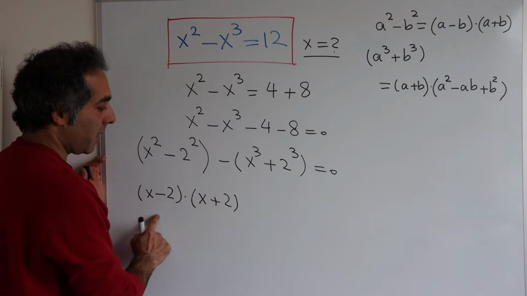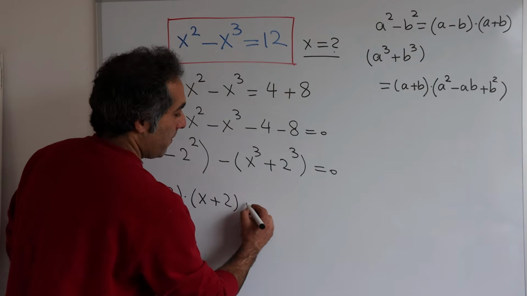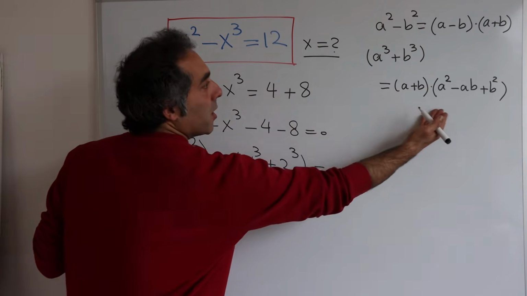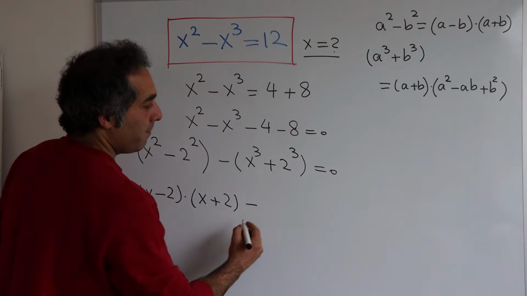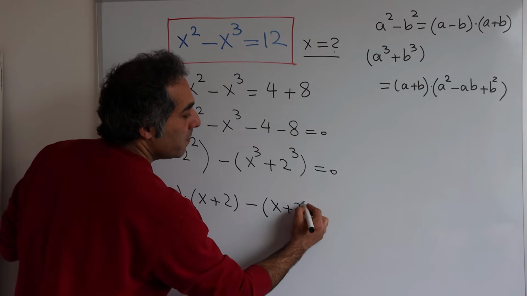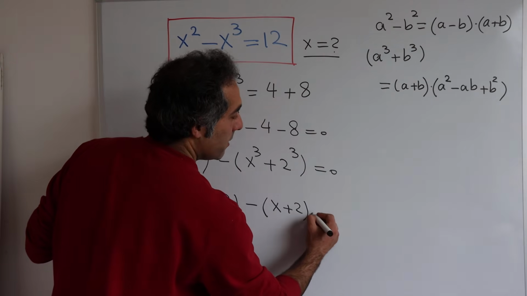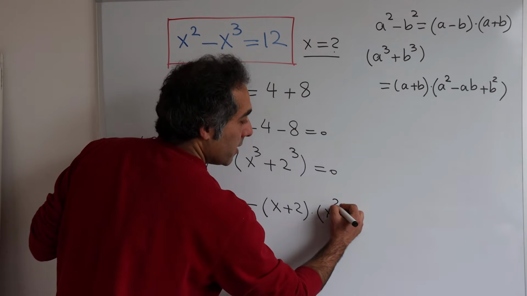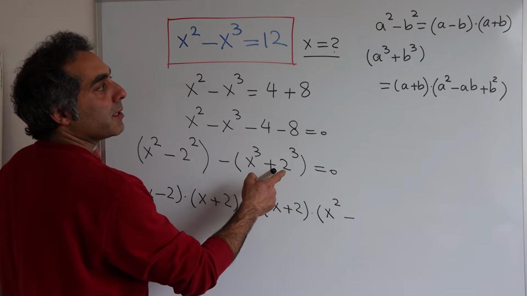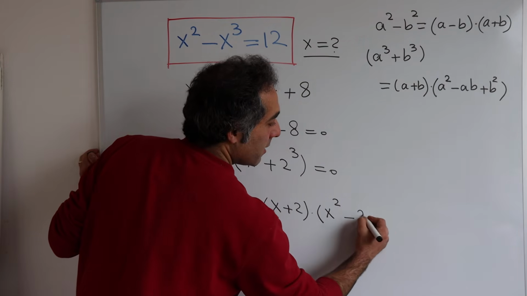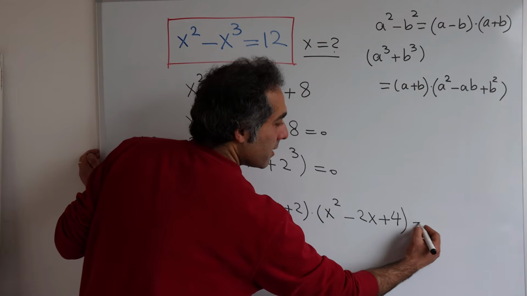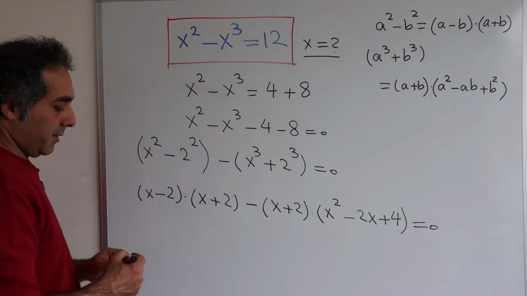Minus, and for the second one, according to this formula, x plus 2 times x squared minus 2 times x plus 4, and this equals to 0.